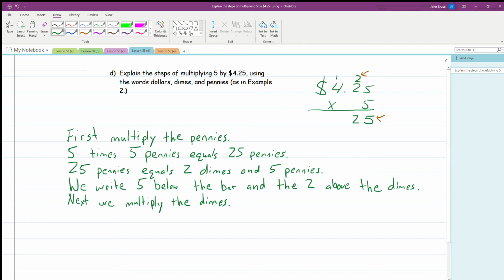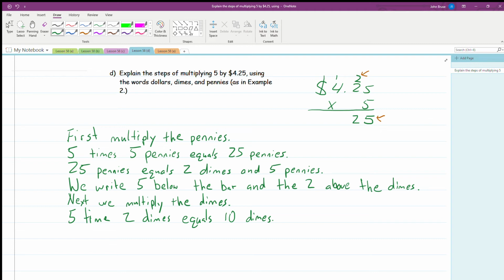So we're going to write 5 times 2 dimes equals 10 dimes, right? 10 dimes. We add 2 more dimes that we carried to get a total of 12 dimes.